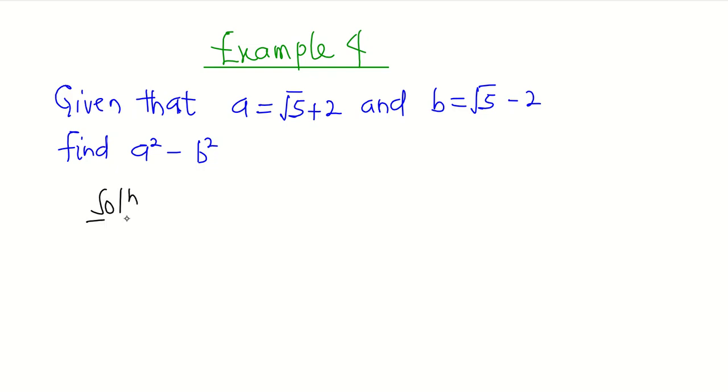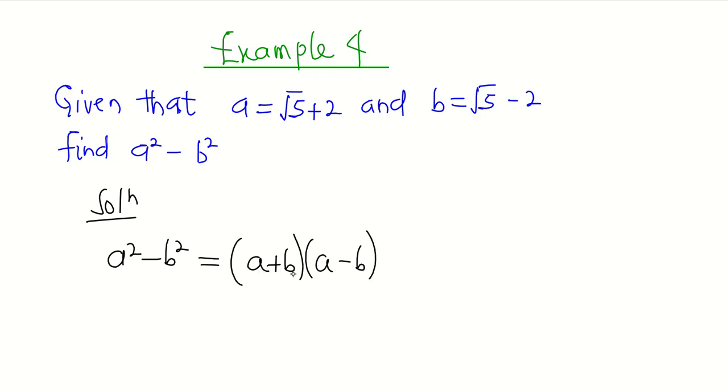So we have a squared minus b squared is coming from the expansion of a plus b and a minus b. So when we expand this, we're going to get back a squared minus b squared. So using a plus b multiplied by a minus b, we can use that to find the value of a squared minus b squared.